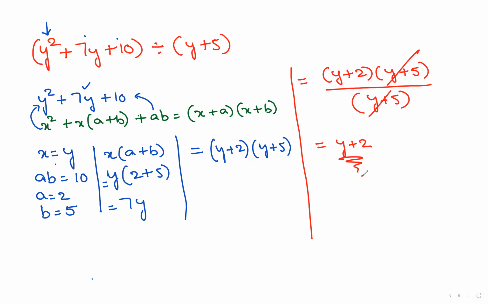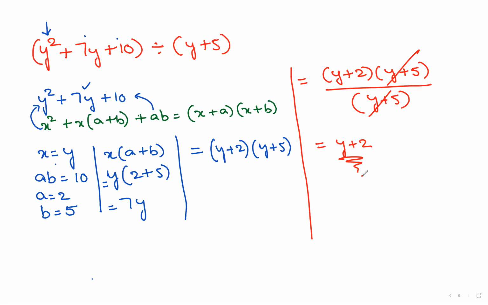Now, everyone. When you have expressions, and if you don't have the first and the last terms as perfect squares, then go for taking common. If the first one is a perfect square, then go with the fourth identity.